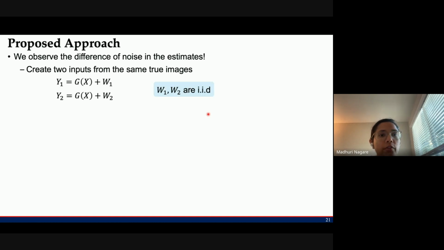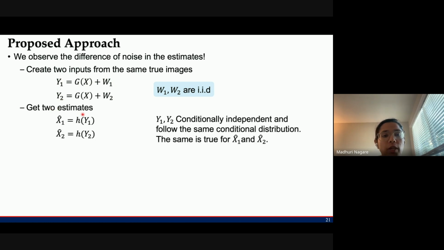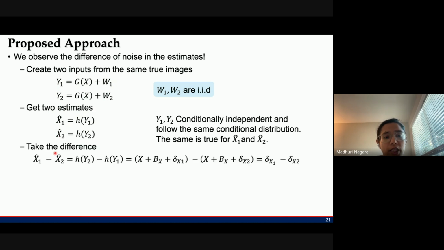Again, we have the same ground truth image, and then we add two independent noise samples to the same ground truth image to produce two noisy inputs. And then we get two estimates from our network. So these y1 and y2 are conditionally independent and they follow the same distribution. And the X hats also follow the same logic. And then we take the difference.